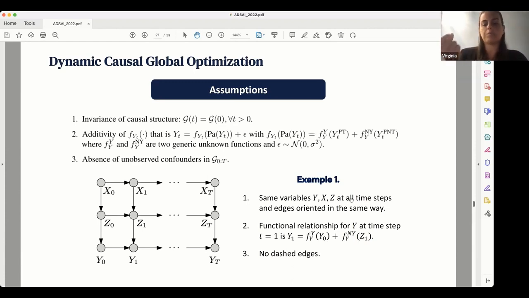The functional relationship being additive means that, for example, y1 is a function of y0 and another term that is a function of z1, the other parents, but these functions are non-linear. They are actually modeled with Gaussian processes. So this allows us to capture a lot of different causal effect configurations.